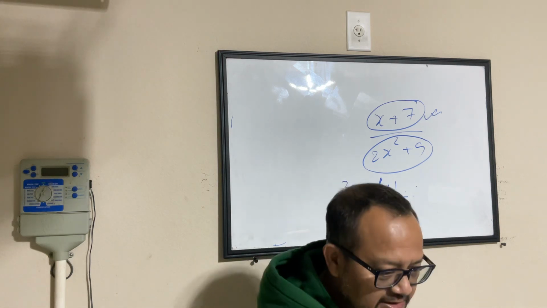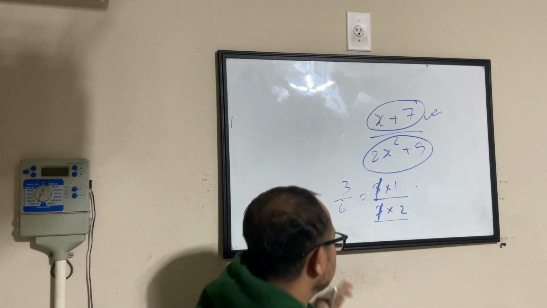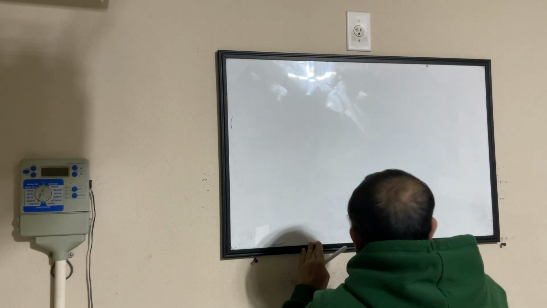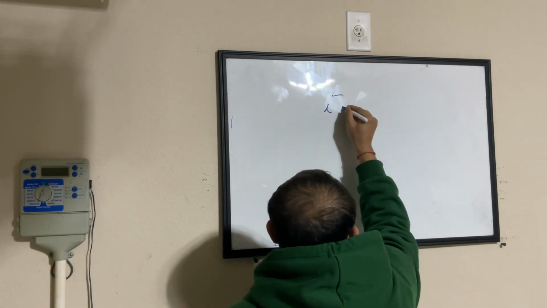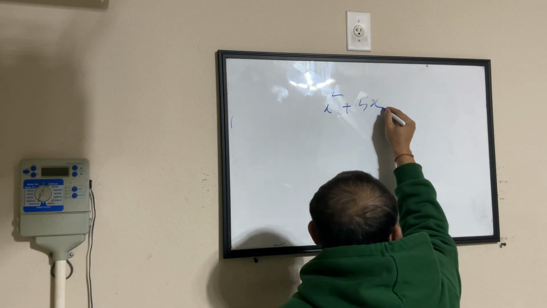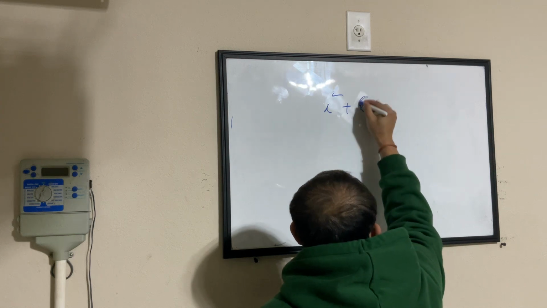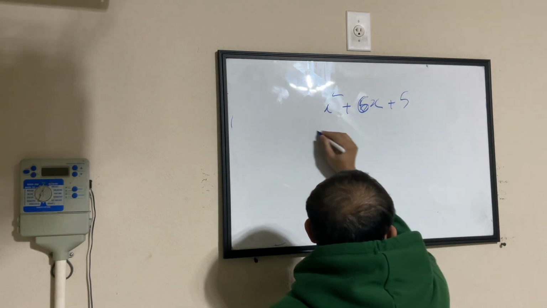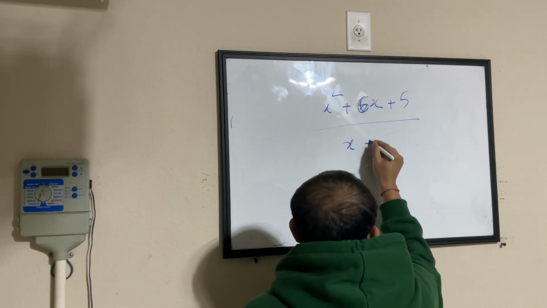So let's look at one scenario. Let's say I have x squared plus 6x plus 5 divided by x plus 5.